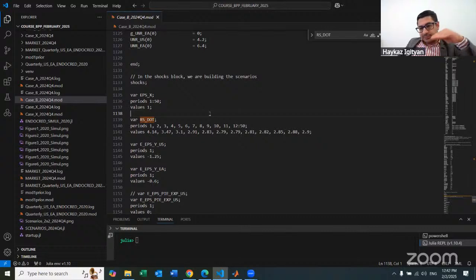As I remember, going back to 2024 Q4, we assumed that under case B we follow the path of the Fed policy rate from the expectations of September or October.